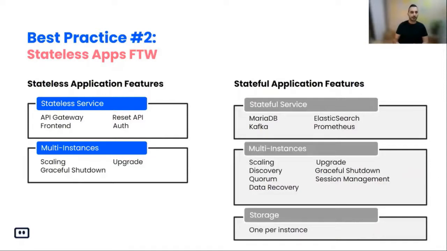Can it handle that? Is it synchronized? Do I have the data that I need to even load my application correctly? And building stateless applications is a lot easier. You just do what you need whenever you want. You can scale hundreds of replicas easily, and there's just no fear of data corruption or any loss of data.